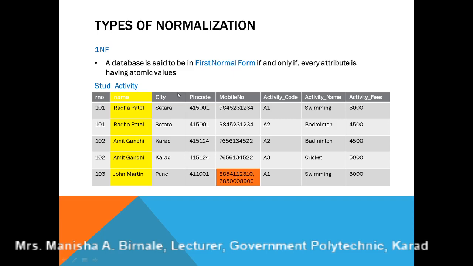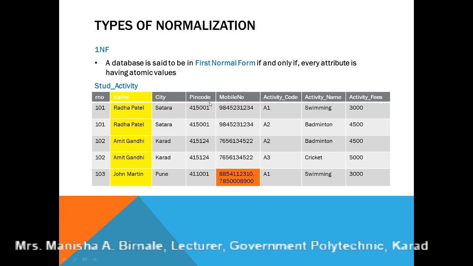If we want to normalize the database, we have to normalize it in steps. First we have to bring it into first normal form. After that we bring the table into second normal form and then into third normal form. This is a stepwise procedure. So this is our unnormalized database.